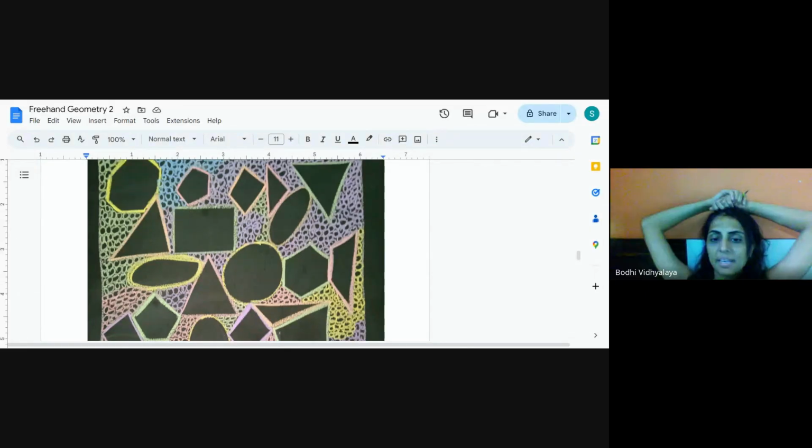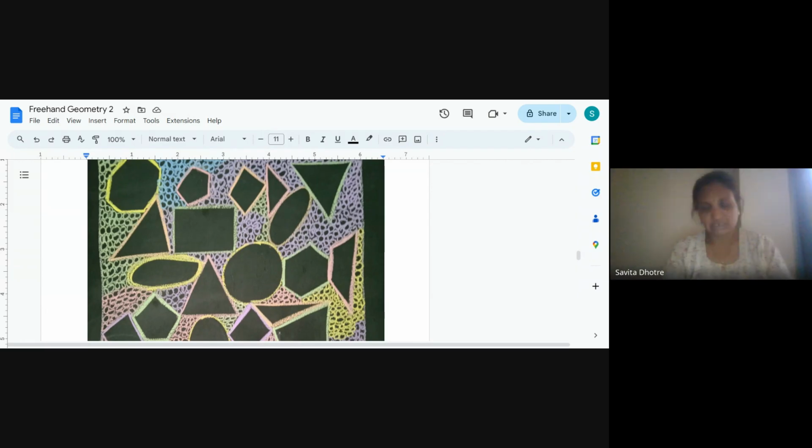Basically, they are experiencing all the shapes in an aesthetic way, and precise to the extent that they can do it. When I see that a child can do it and is not giving enough effort, then I'm not going to accept that.